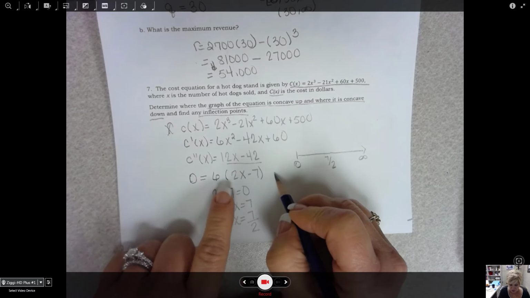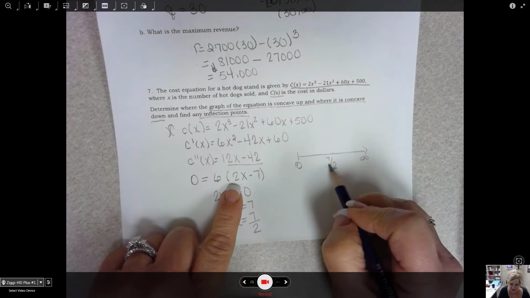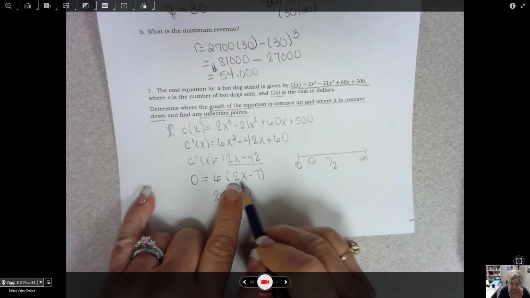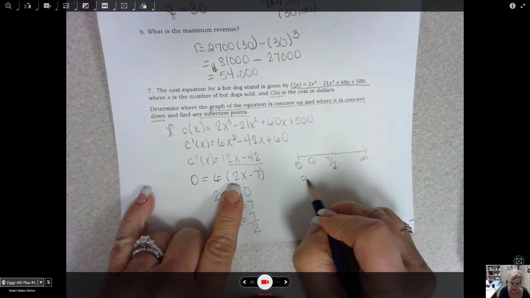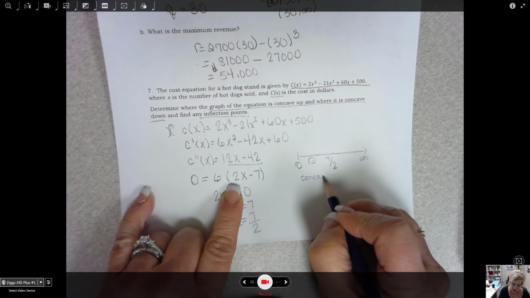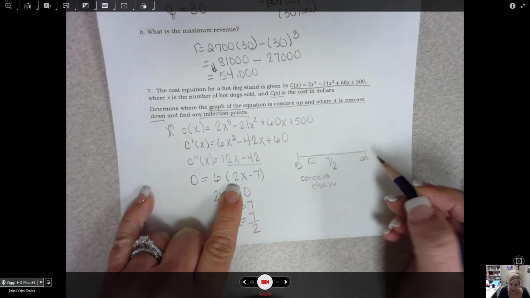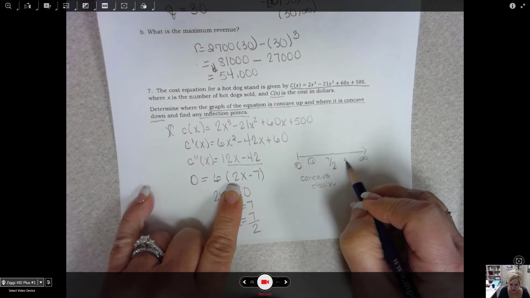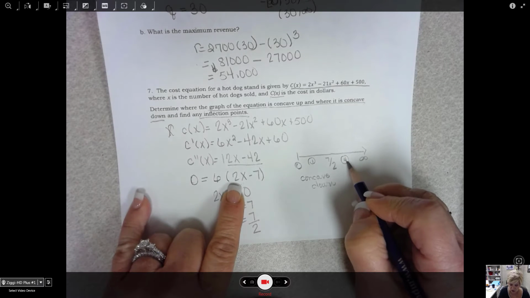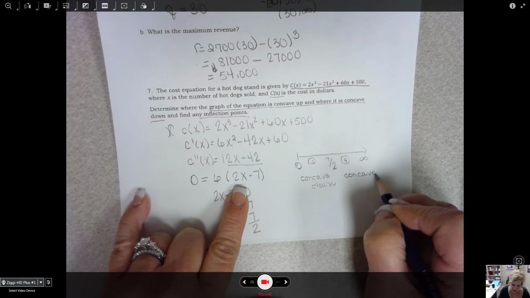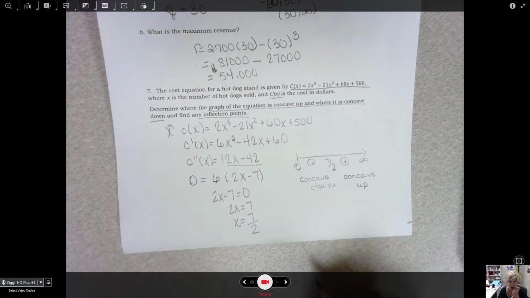And my second derivative, with a test value of 1, would be negative. So I'm concave down on the way up to 7/2. After 7/2, let's just say a test value of 4, that would result in a positive second derivative, so it would be concave up after 7/2.